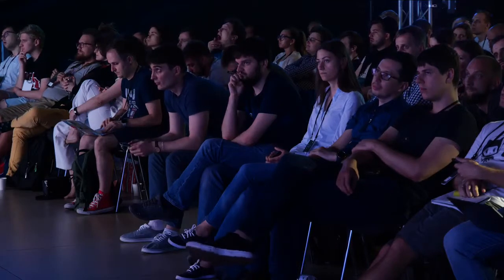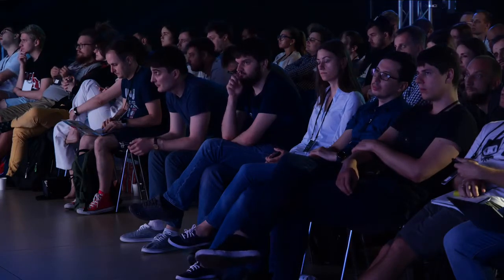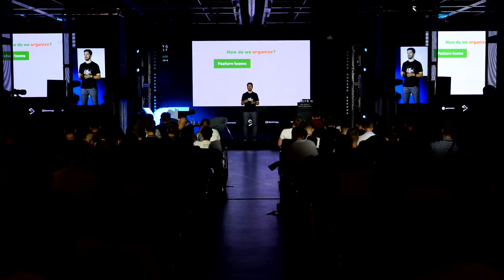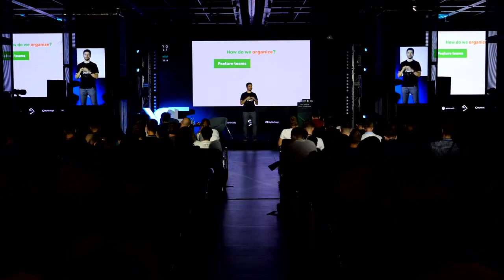One end of the spectrum is having feature teams. By feature teams, I mean that this common code has a dedicated team whose sole job is to maintain that code, add new features. And all the front ends have their own dedicated teams too.